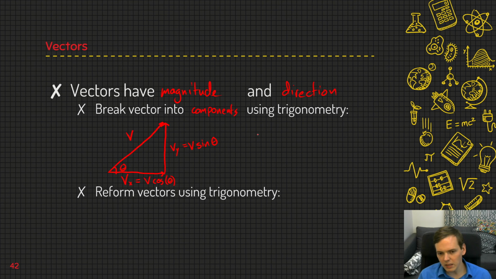And this is because sine of theta is also equal to the opposite over the hypotenuse, so vy over v, which can be rewritten as vy equals v sine theta. Same thing for x and cosine. So in other words, if you know this lower right angle, you can break up into components using sine and cosine.